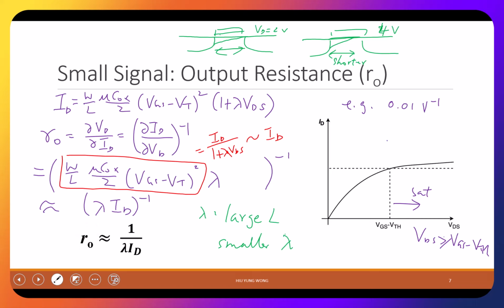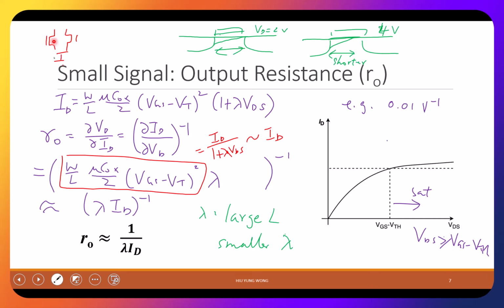And another reason is the so-called mismatch. Although it's not a part of this class, it's good to learn this. When you design a circuit, very often for analog, for example, something called a differential pair, you actually need to put 2 identical transistors next to each other, right? If you use the smallest available channel length, there will be variations.